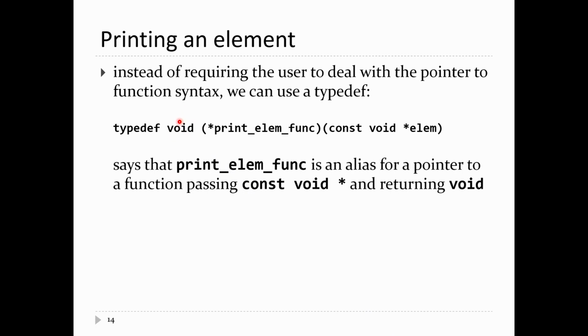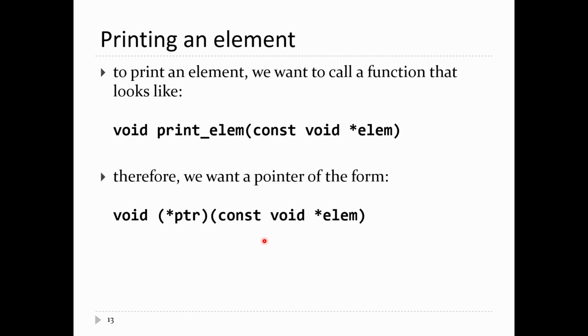So void, that's the return type. The inputs are const void star. And then in here, you write star and then the name of the alias. So in other words, I want to create the typedef name print elem func that people can use instead of having to write that.